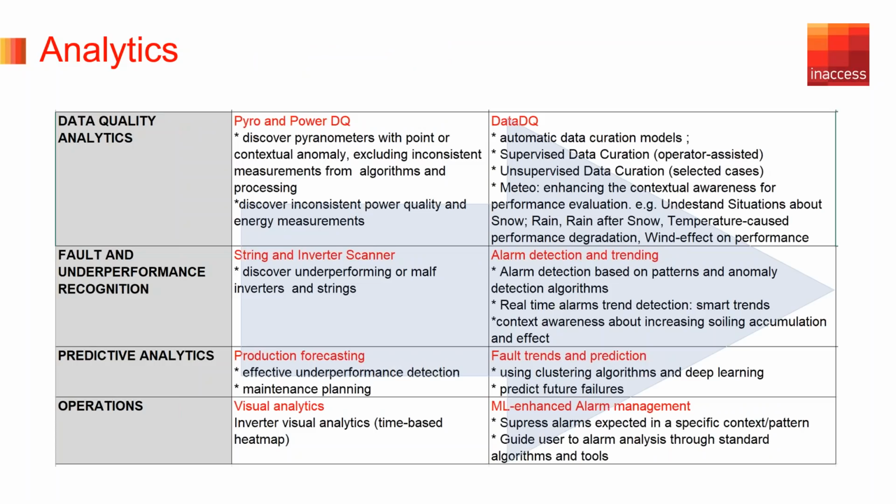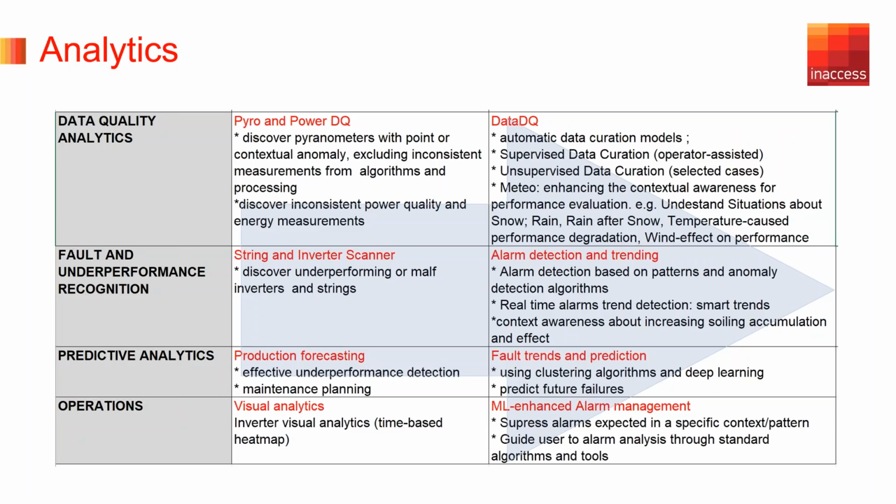Analytics. We have tons of data, tons of data points. How can we use them to increase the performance of the asset? I have this slide from what we provide and what we are working on for analytics. So as you can see, there are 4 main categories of analytics. The first category is data quality analytics.